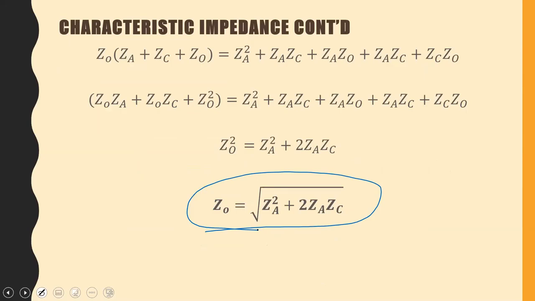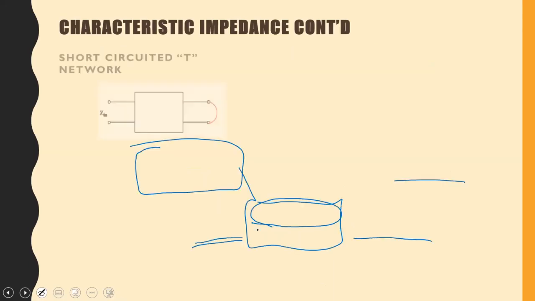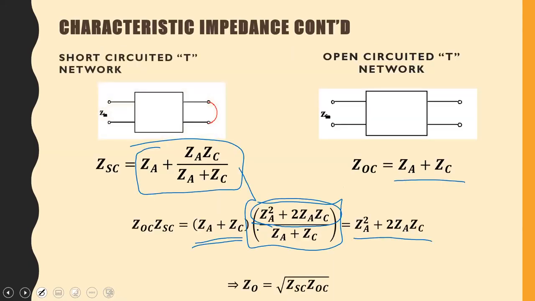So I just make the substitution that ZO is equal to the square root of Z short circuit times Z open circuit. Understood? Yes, sir. All right. Anybody else?